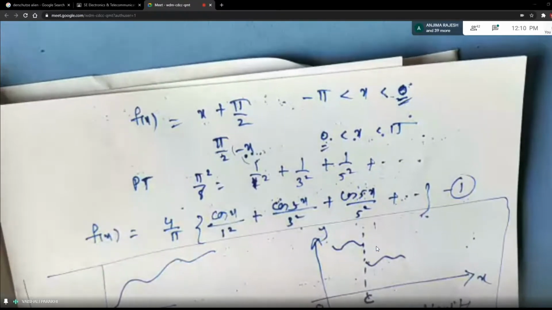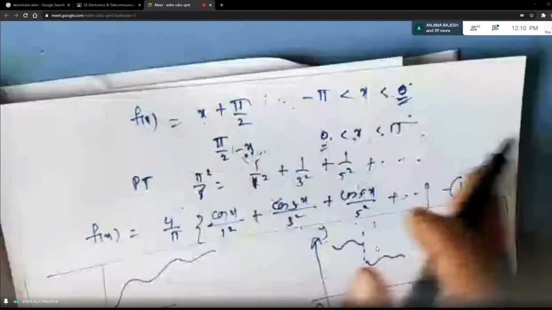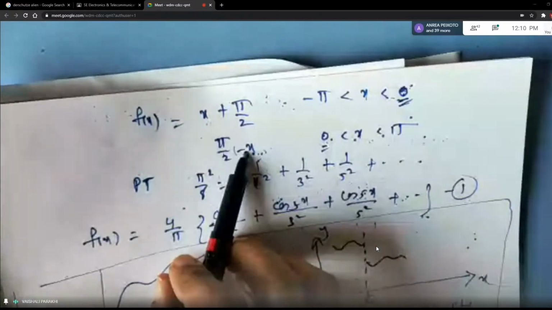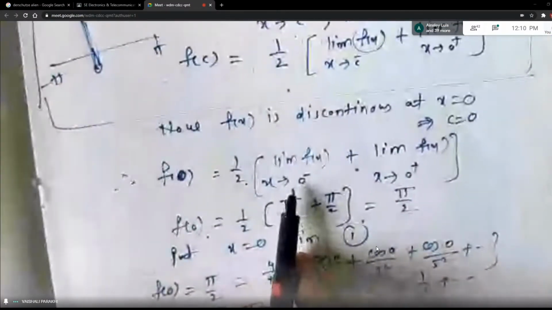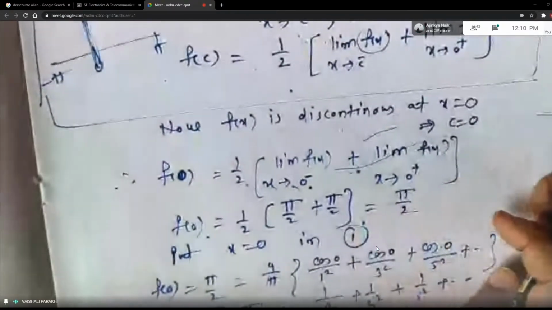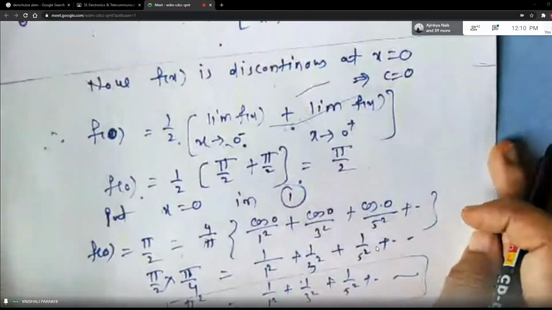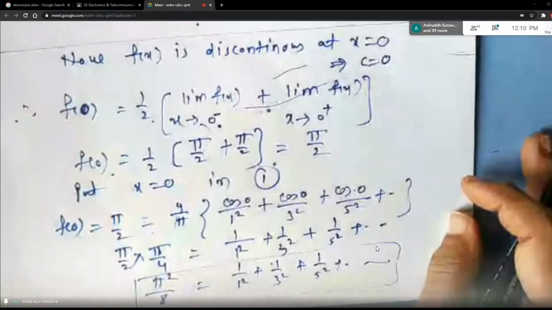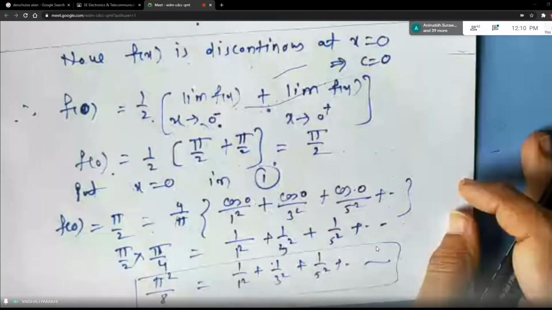And for the second term, you have to take the function which is after 0. And at the same time, you have to replace x by 0 because you are finding the limit as x tends to 0. That's why you are getting pi by 2 plus pi by 2. I don't know whether you have understood. Any doubt, students? Please see.